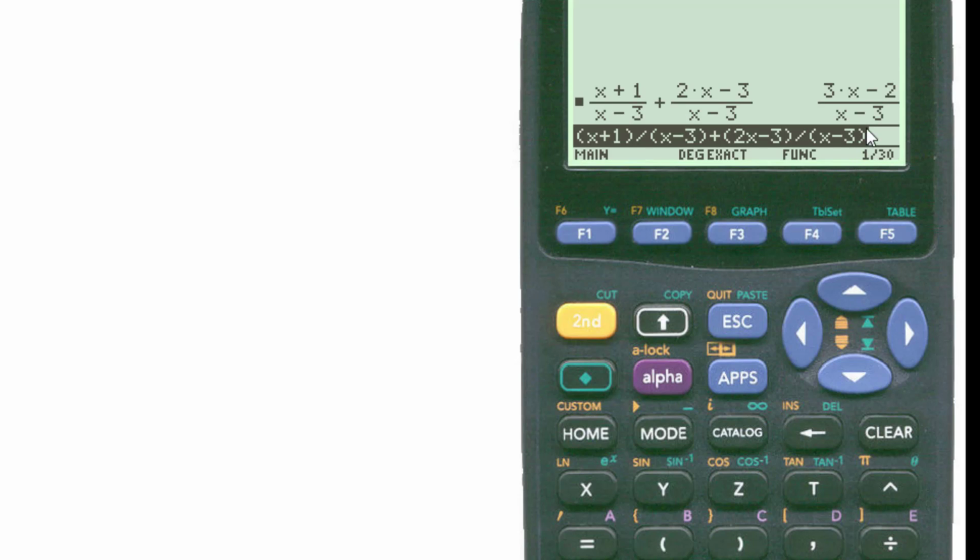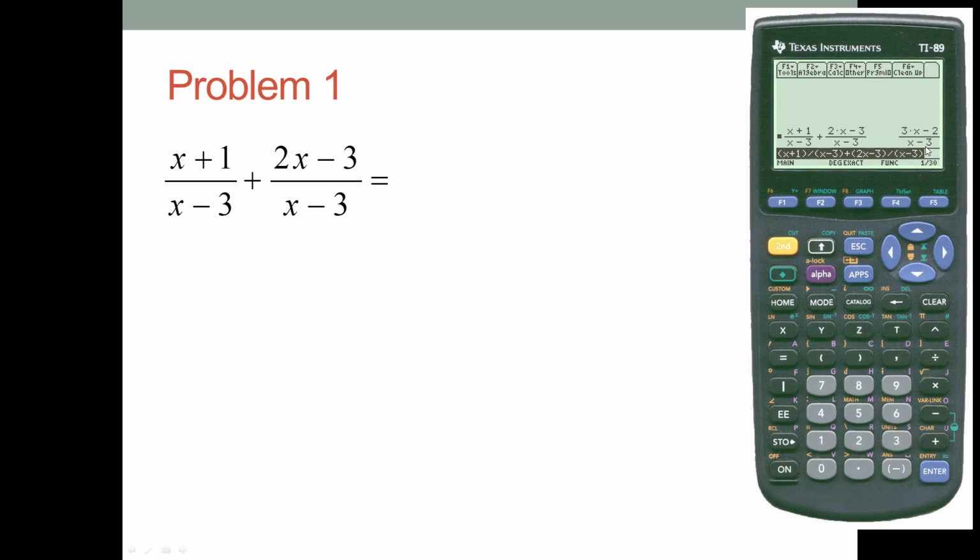Again, this is simple addition, and the denominators are the same, so you should be able to do this easily without a calculator. But anyway, here it is: 3x minus 2 over x minus 3. So it checks out with what we did. No common denominator needed. They already have the same denominator.